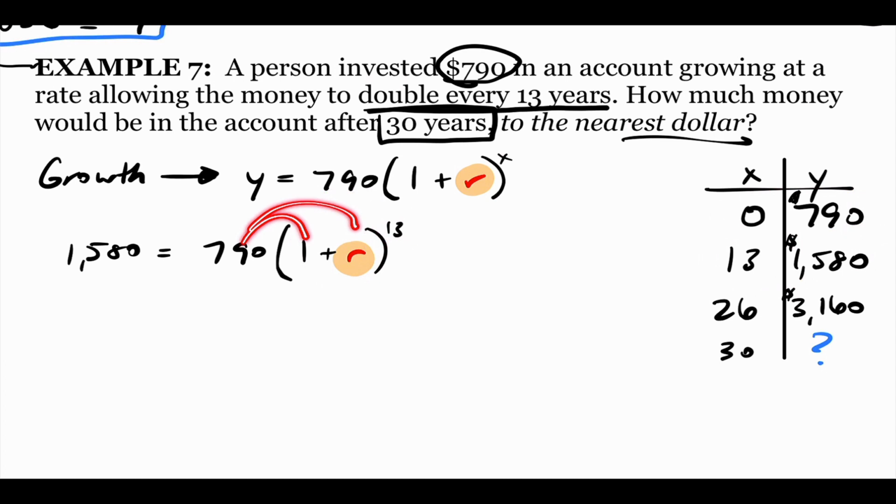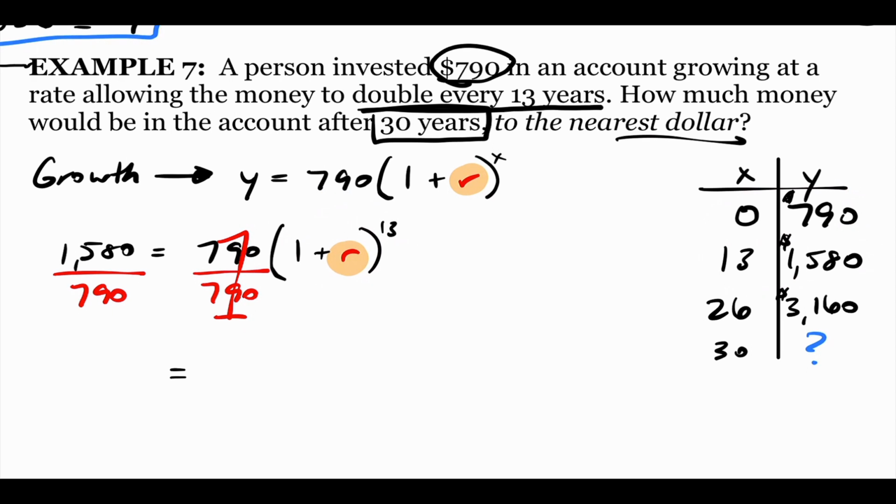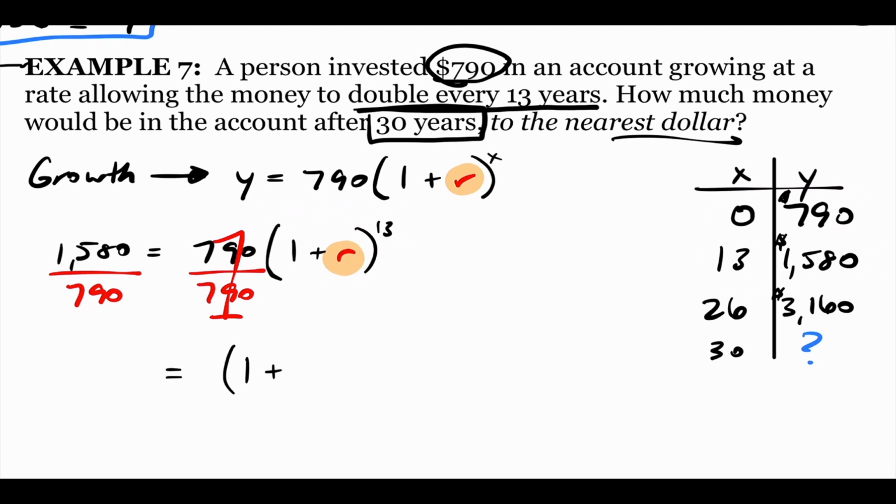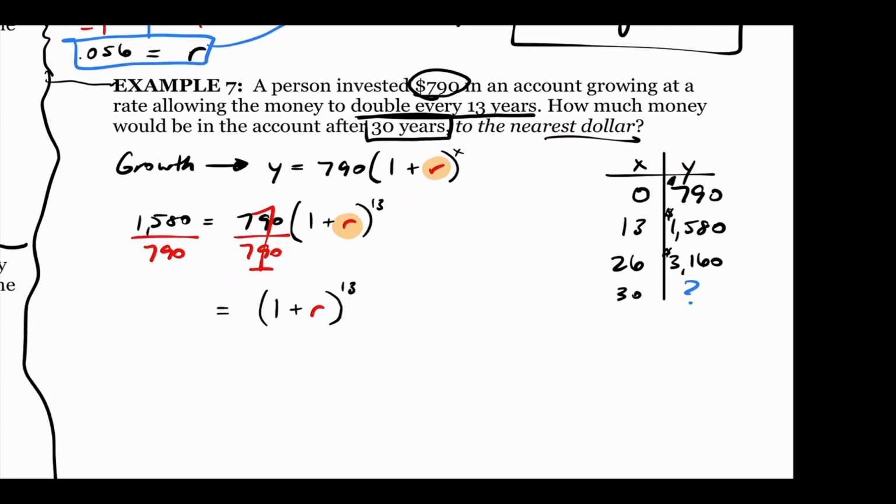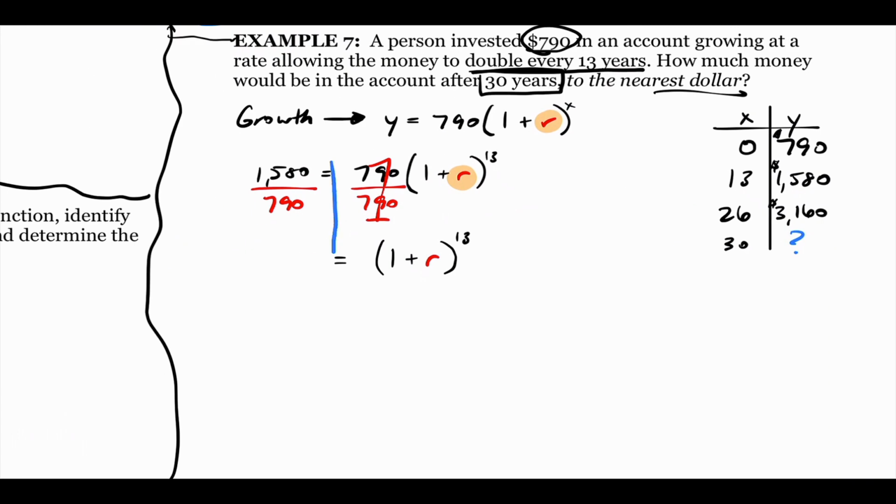Can't distribute, right? So what I got to do is divide. I'm going to divide both sides by 790. So when I divide both sides by 790, I get 1 over to the right. What do I get to the left? 2 whole.